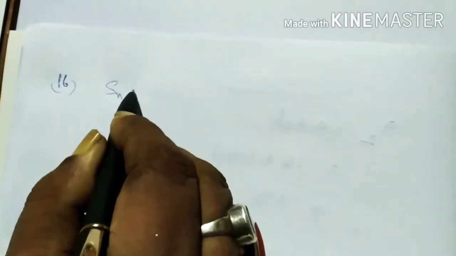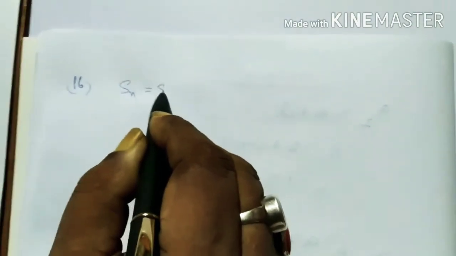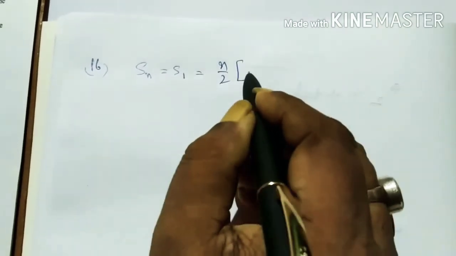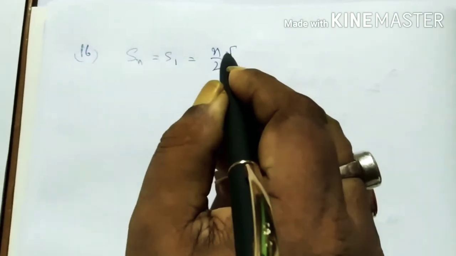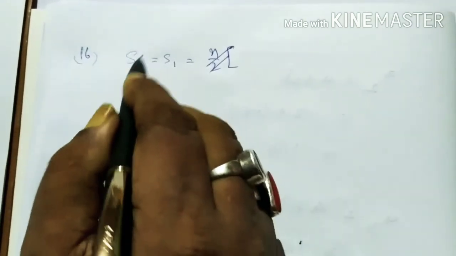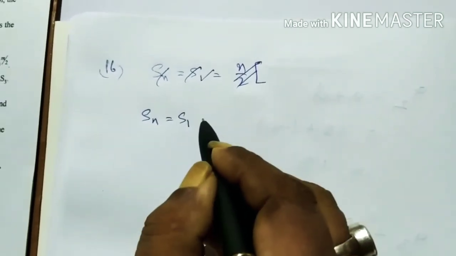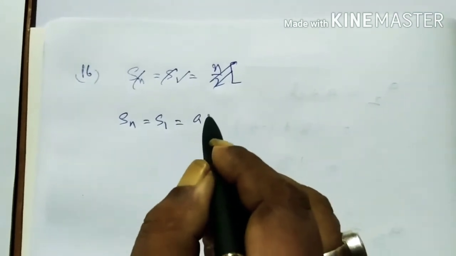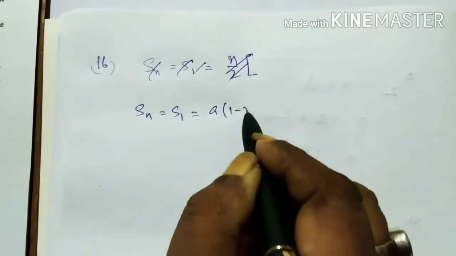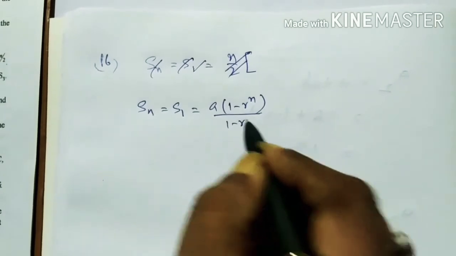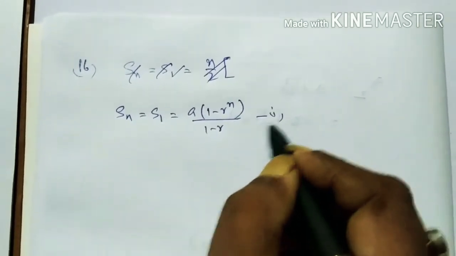So, see, the sum of n terms, Sn, is represented as S1, and this is equal to A(1 minus r to the power of n) by 1 minus r. This is equation 1.